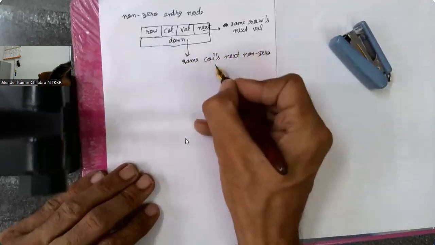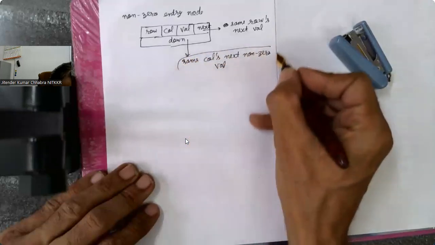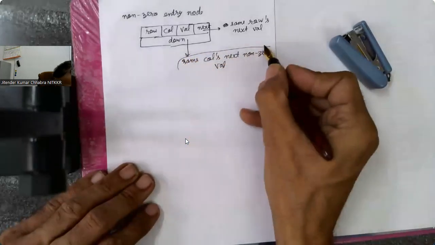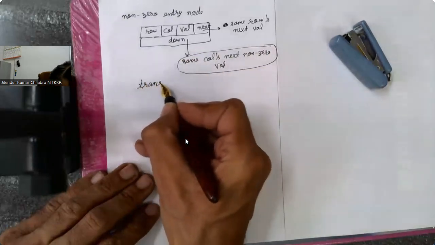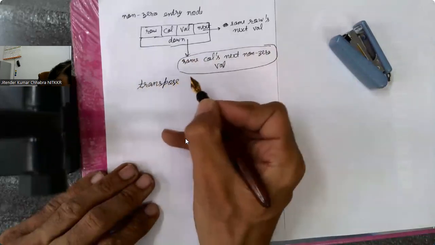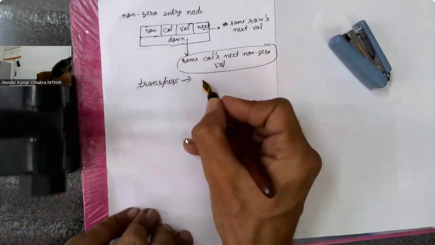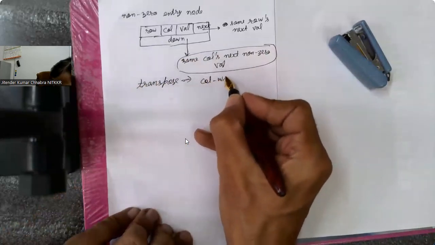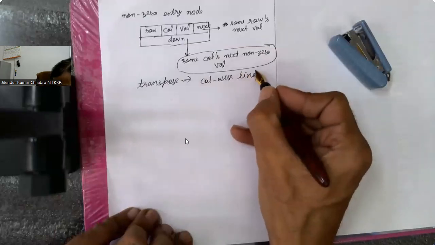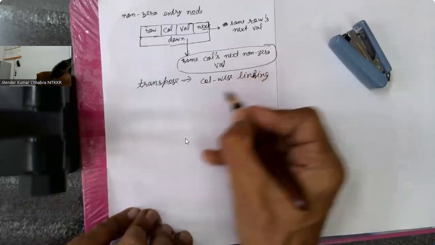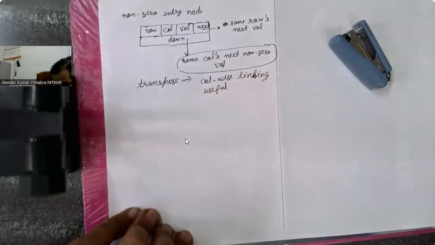And using this, your transpose, etc., becomes much easier because column-wise you need not count or find. Column-wise linking also exists, and that column-wise linking will be useful because they are going to become the rows now, and this will make things easier and faster.